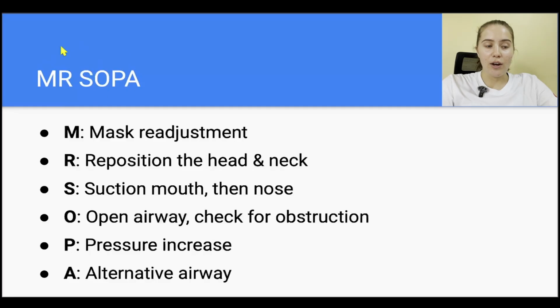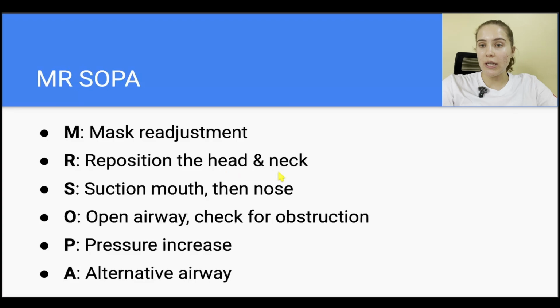So Mr. SOPA is not an official step of resuscitation, but it's a helpful tool for you to use if you're having trouble getting effective PPV. So M stands for mask readjustment. Maybe the mask has fallen off the bottom of the chin, or it's not covering the nose and mouth. You can try to readjust. R stands for reposition the head and neck.